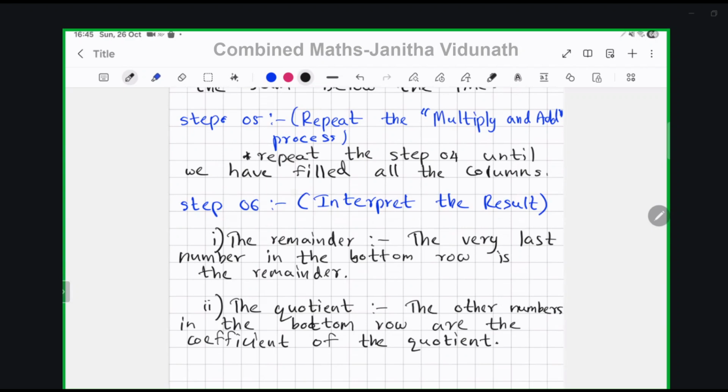Write down Roman number 2 and write down the quotient.